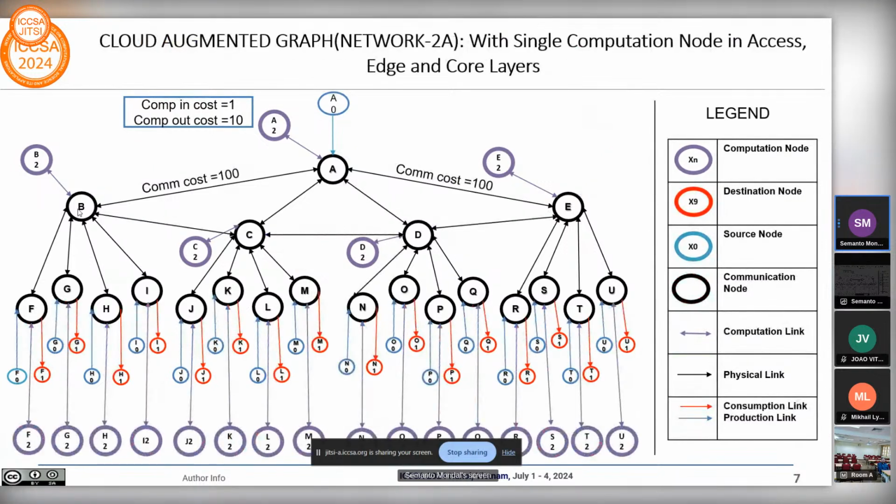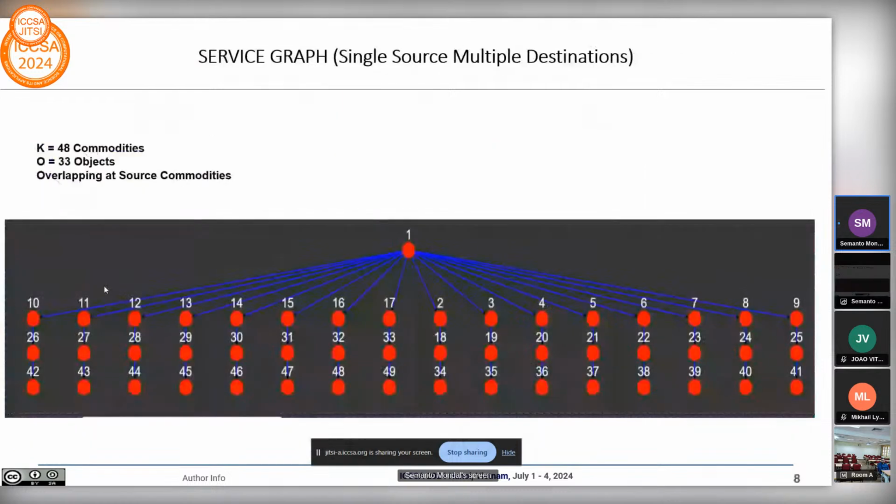The next one is the advanced or modified version of network 2, that is network 2-way. Here we have just added a computation node at the access layer, to check if there is any impact on the overall cost of this extra computation node on the access layer.